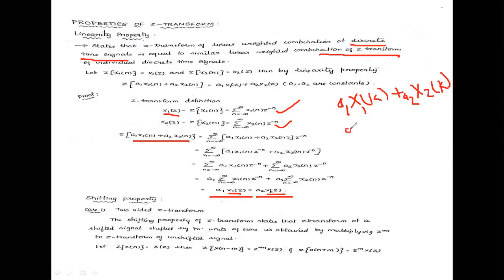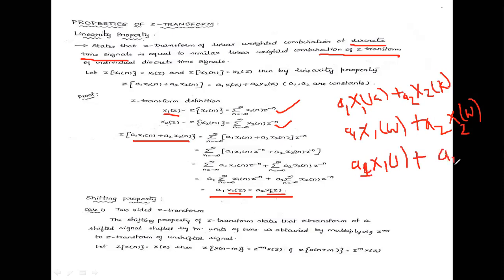And coming to the Fourier transformation, a1 X1(ω) plus a2 X2(ω). Coming to the Laplace transformation, a1 X1(s) plus a2 X2(s).